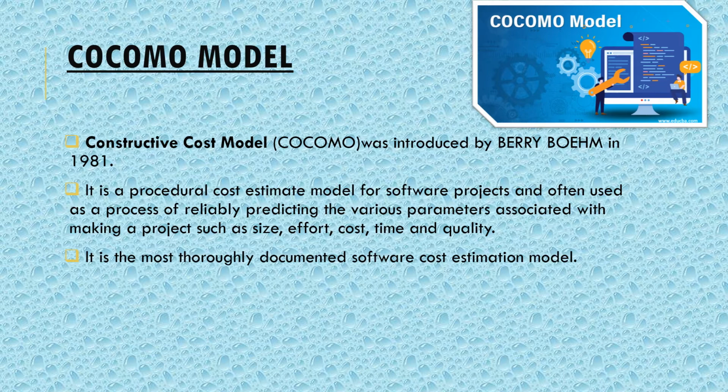It also predicts the efforts and the schedule of a software product based on the size of the software. So all these things we will be able to calculate with the help of this constructive cost model. It is a hierarchy of 3 models that we will discuss in the coming slides one by one in detail. So let's first understand what are the various classes of software product.